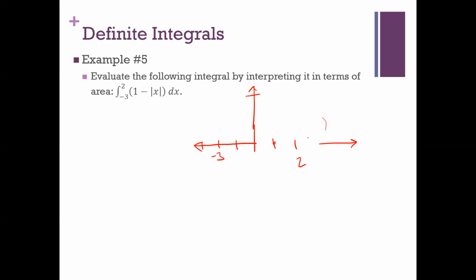When x is equal to -3, where are we? -2. How about x is -2? -1? When x is equal to 0... oh, I missed one, didn't I?